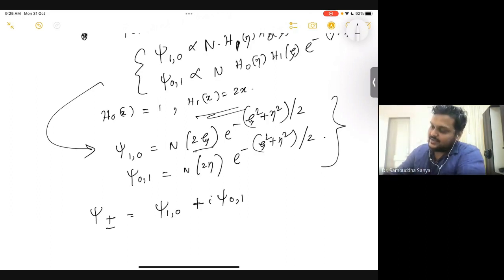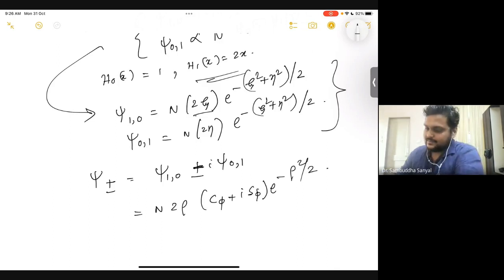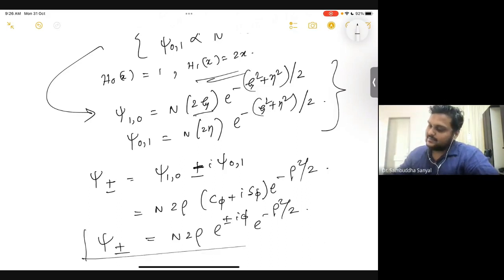So I can always choose a basis which is plus minus like that, and this will become normalization times e^(±iφ) times ρ²/2, which means it will become N₂ ρ e^(±iφ) e^(-ρ²/2). So if I write these two wave functions in the cylindrical coordinate, I can take this form.